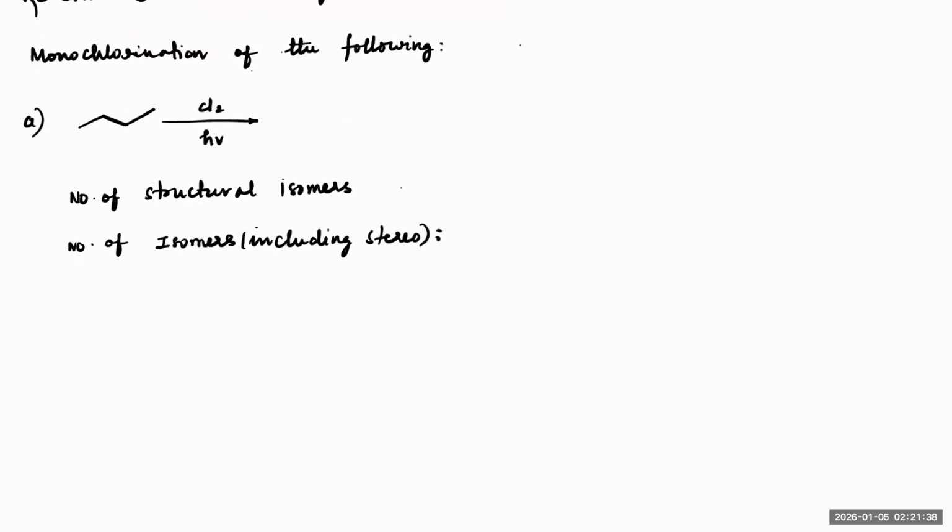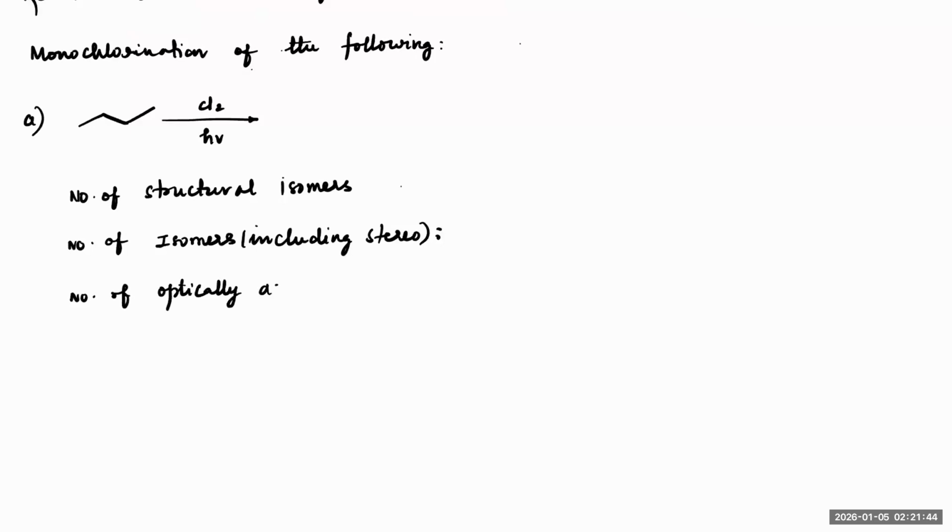Next, number of optically active, how many we have, and lastly number of fractions, that means how many fractions we can get during fractional distillations. These are the type of questions that can be asked.